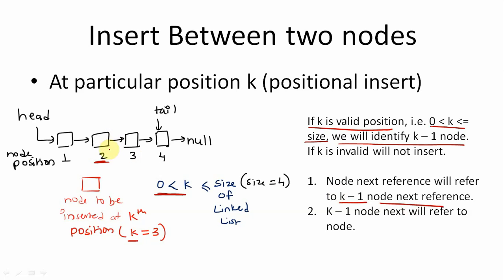So this kth position insert operation will take O of n time. Likewise, insert after a given node and before a given node also involve traversing, that's why they will also give O of n time. But add first and add last will give you O of 1 time.